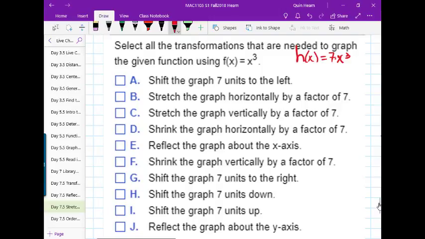A, B, C, D, E, F, G, H, I, or J? Not sure?